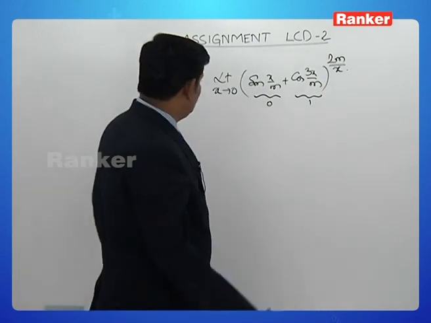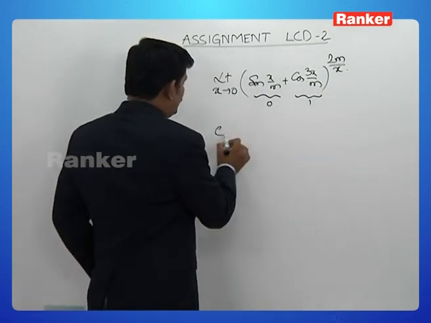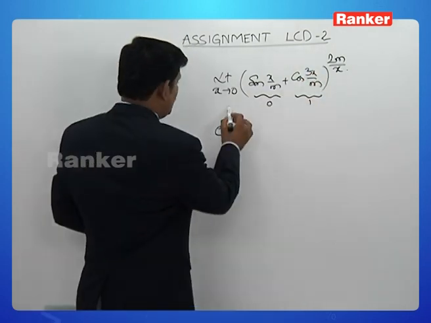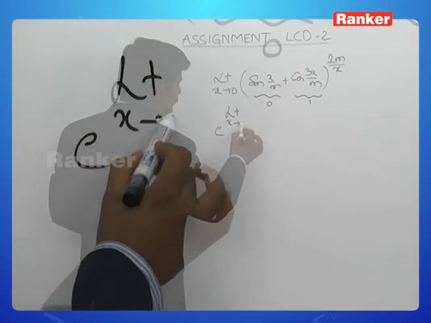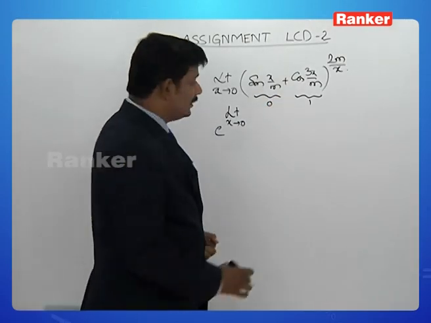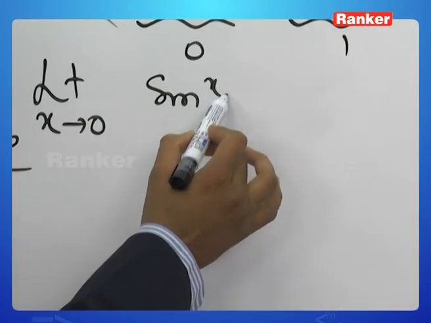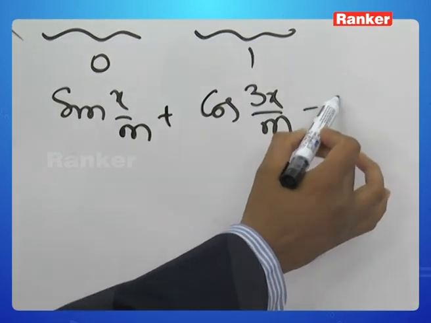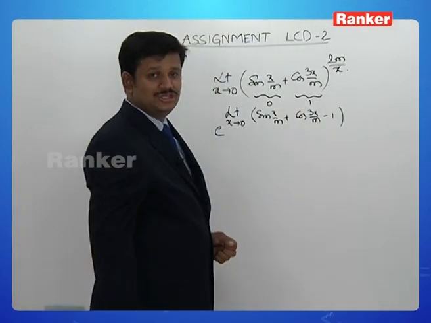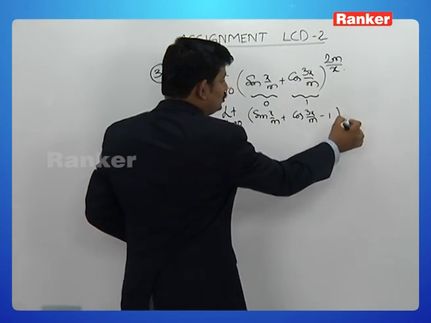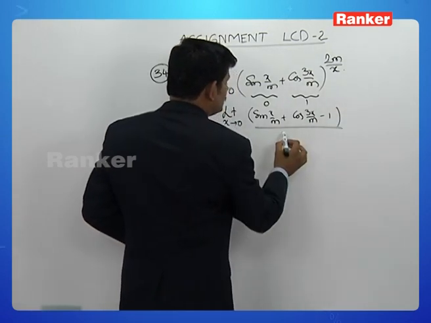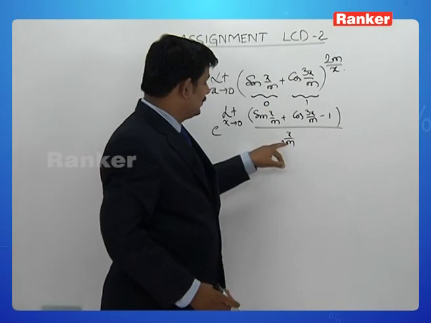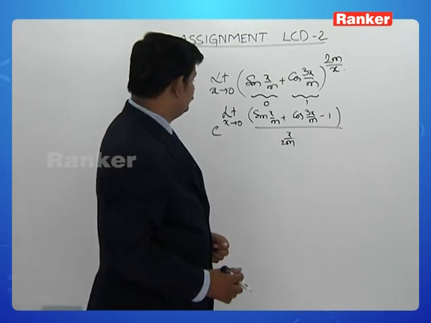And every 1 power infinity form, limit x extending to a of f of x power g of x, we know we can write it as e power limit x extending to a of f of x minus 1, that is sin x by m plus cos 3x by m minus 1, into g of x. g of x is 2m by x, or we can write it as dividing by x by 2m. Instead of multiplying by 2m by x, we can divide by x by 2m.